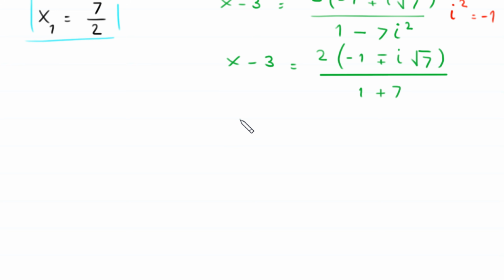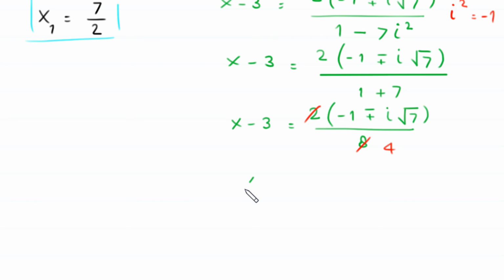Further simplify, this will become x minus 3 equal to 2 times (negative 1 minus plus i times root 7) divided by 8, and 2 times 1 is 2, 4 times 2 is 8.